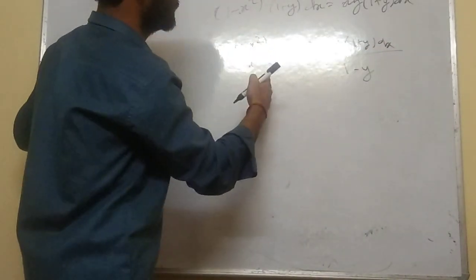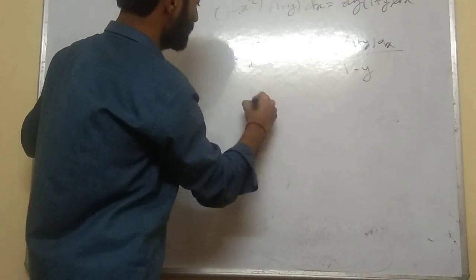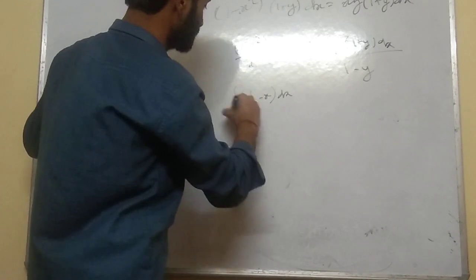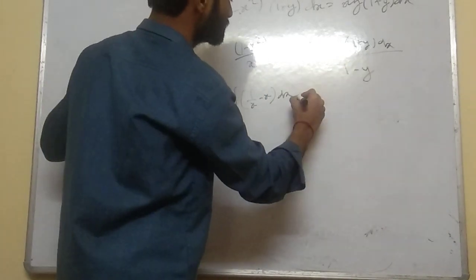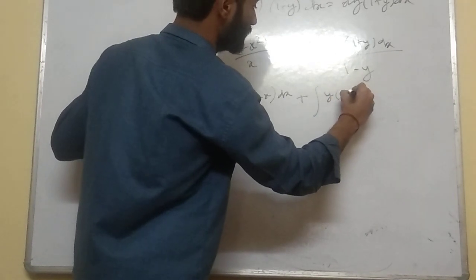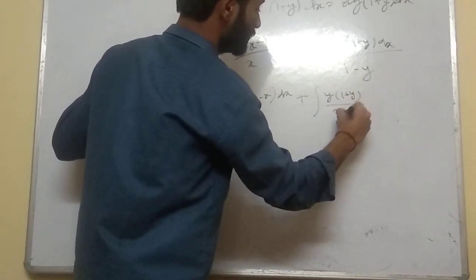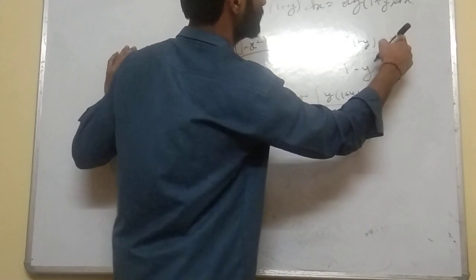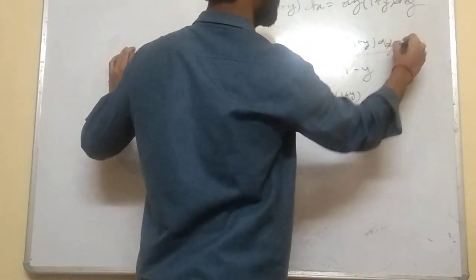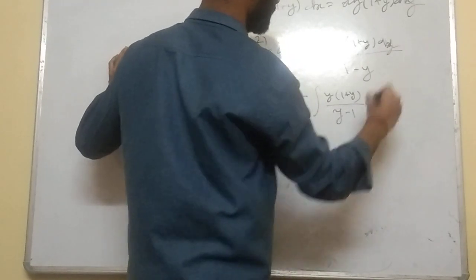So this can be written like this: 1 by x minus x dx. You can integrate. This will come in this side, so this will become plus y, 1 plus y minus 1 dy.